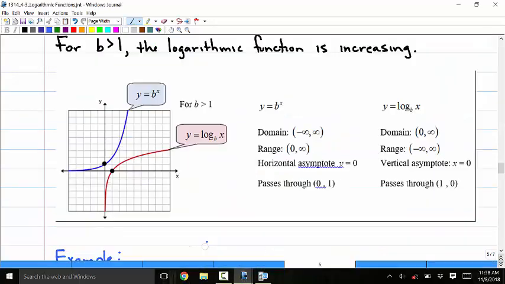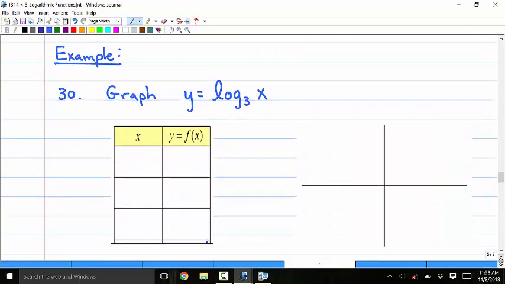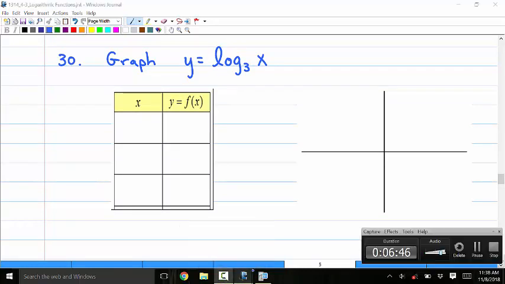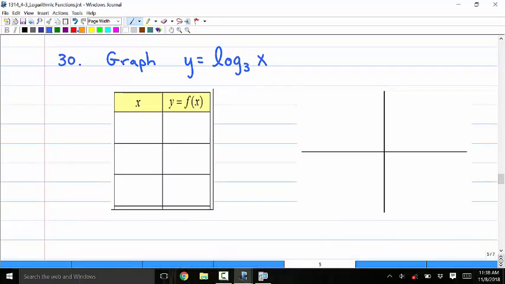Let's graph the example. Graph y equals log base 3 of x. Okay, what are your 3 favorite y values? -1, 0, and 1. When it's -1, your x value is 1 over the base. What is your base on this example?